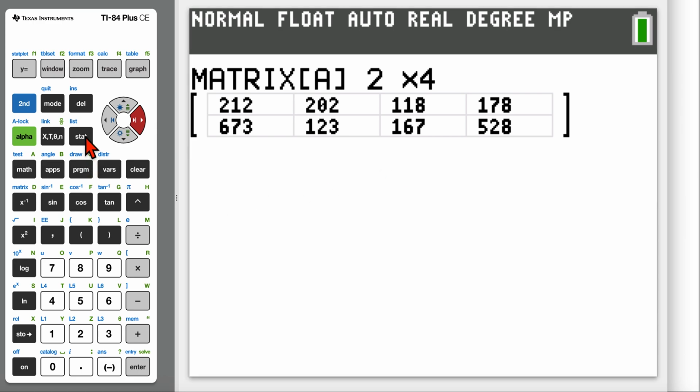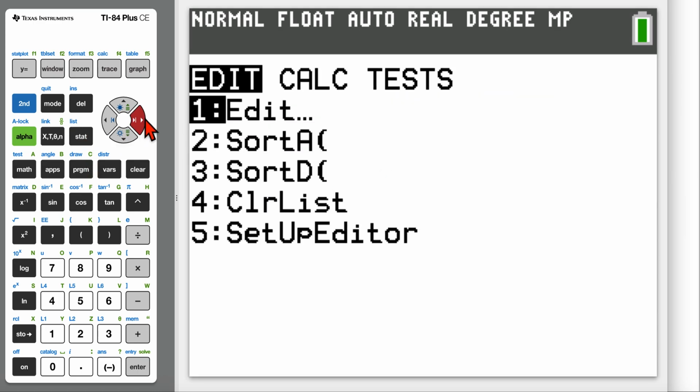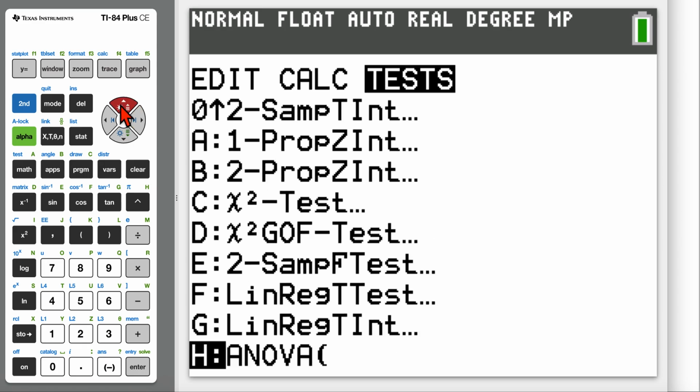Once you do that, we're going to hit Stat, arrow over to Test, arrow up to chi-squared test. And again, this is a chi-squared test because we have bivariate data. We're talking about two different variables, survival rate and where you were staying on the ship. Were you first class, second class? Did you stay with the crew?